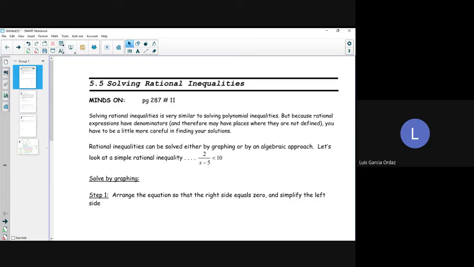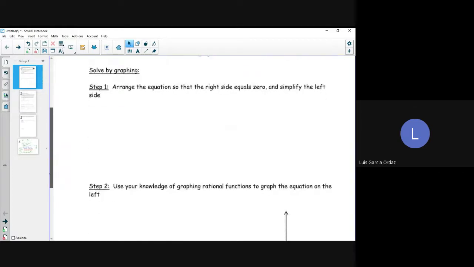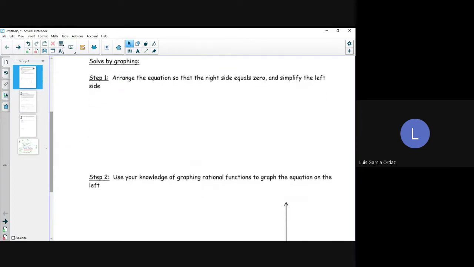So we're going to take a look at this example of the inequality 2 over x minus 5 is less than 10.